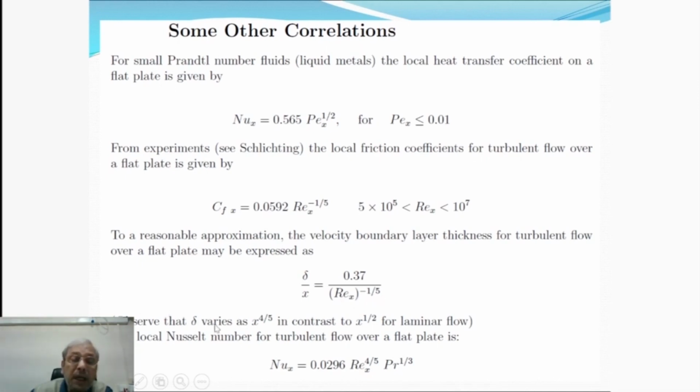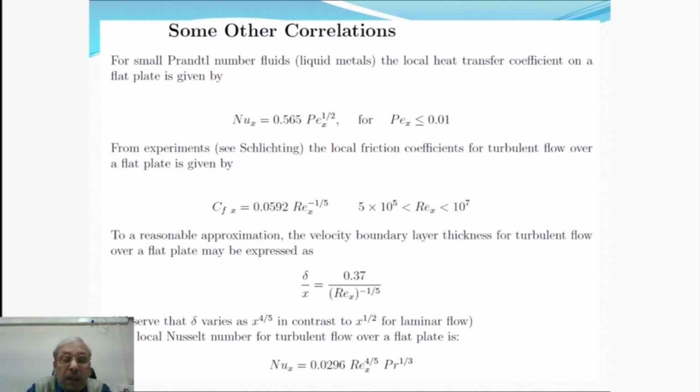Now delta varies as x to the power 4/5, whereas in the case of the laminar boundary layer, if you recall, it was x to the power half.